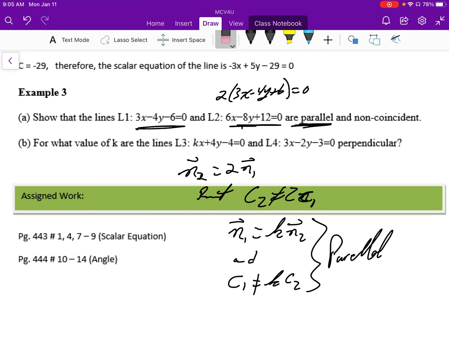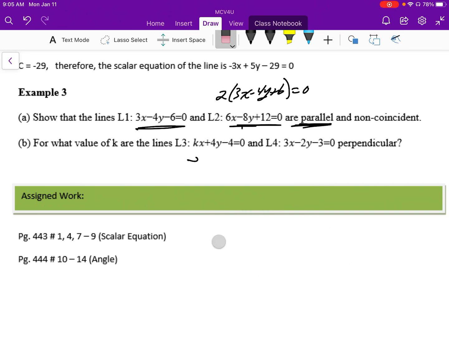You can always pause this to write this down and then move on to the next part. Finally, in B, for what value of k are the two lines perpendicular? Perpendicular means the dot product is 0.